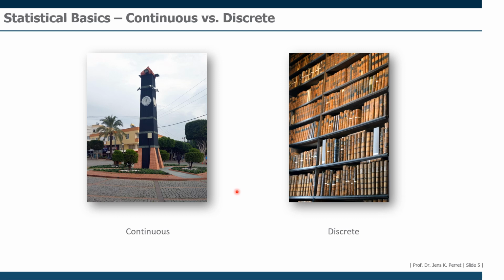Theoretically, you could make it much more detailed, but it's usually treated as discrete because you stop at the cents level. Since, however, you could theoretically make this smaller, we can process this as if it were continuous, and something like this is then called quasi-continuous. So it has all the properties of continuous data, even though if we take this strictly, it would be discrete data. Well, that's on continuous versus discrete data.